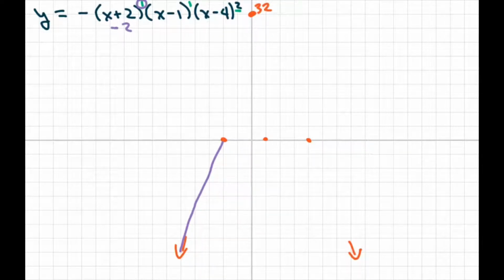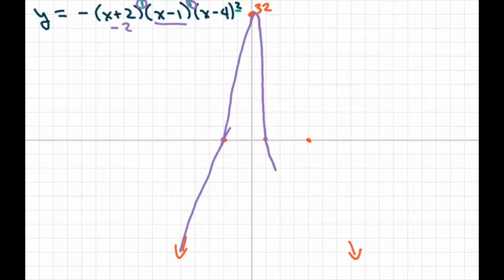Since that's an odd number, I can cross. So I'm going to cross. In this case, I'm going to go all the way up to my 32, which if it's the correct graph, would be way up higher. Then we U-turn here and go to 1. Since that's an odd number, that means I can cross. Now I'm going to come back and just make a U-turn.